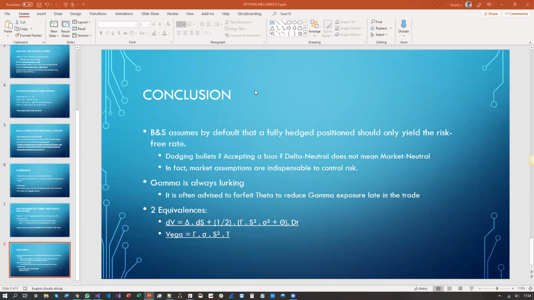Are you including second and third order effects in your software? Third order, no. I have coded Vomma, Vanna, Charm, so a few second degree Greeks that are not normally available. And for people who are interested in hedging, let's not forget that even if we trade speculative positions without any underlying in our portfolio, we still, as I mentioned in this short topic, try and delta hedge in some way.